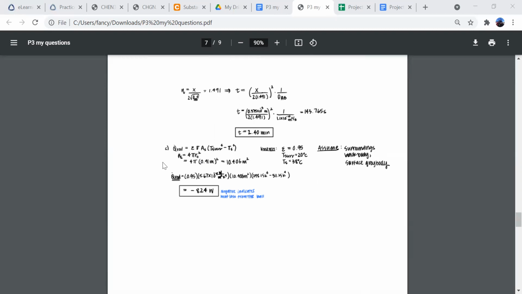And since this is a sphere, spherical coordinates are also here, we know that the surface area is this, and so we can solve for the total radiative heat transfer rate. And the value is negative because it indicates heat loss from the ball.